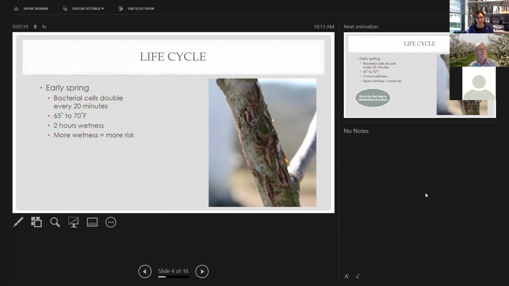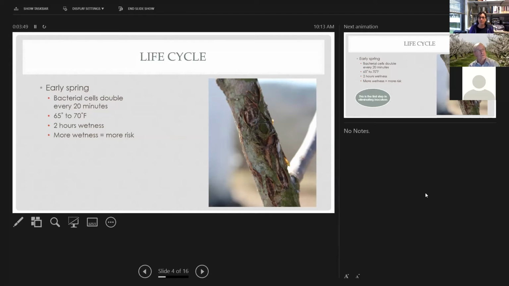So these bacterial cells just keep multiplying there on the surface of the canker or on the tip blighted wood. Any fire blight infected wood is ground zero for bacterial multiplication. And it's those bacterial cells there on that surface that are waiting in the wings for blossom. So we need only 2 hours of wetness and 65 to 70 degrees to get that doubling every 20 minutes.